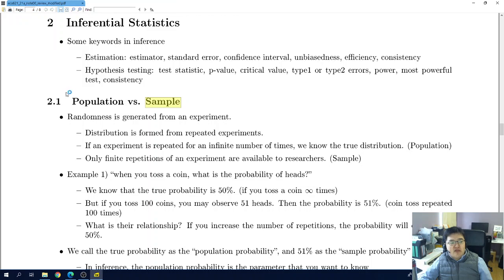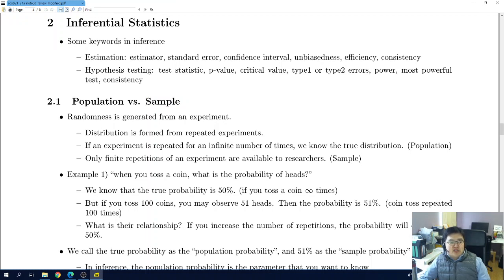Conceptually, we assume that there is a limit in which the experiment is repeated an infinite number of times. It is not possible, but we have in mind that is the population. On the other hand, what you observe is just a finite number of repetitions of the experiment. So we call that a sample. That is exactly what you observe in the data.